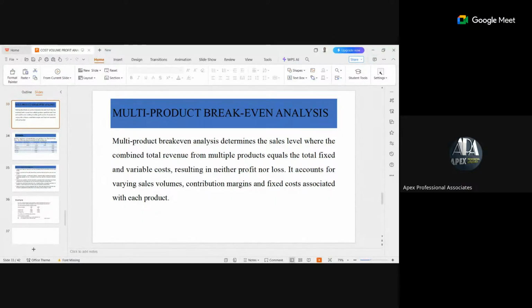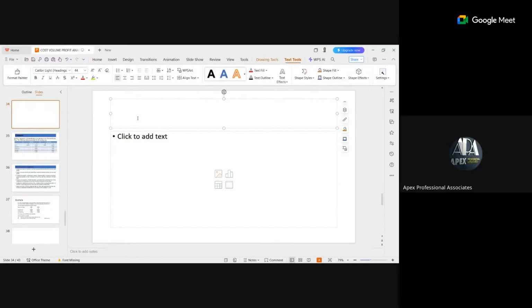So let's now show the steps. Let's show the steps to determine the break-even for multi-product CVP analysis.